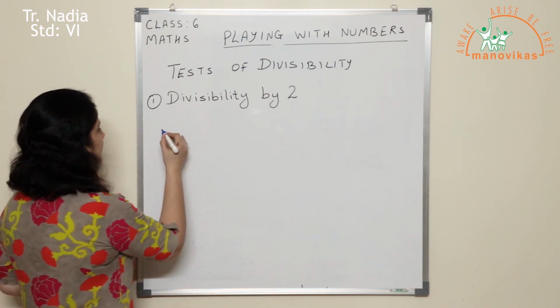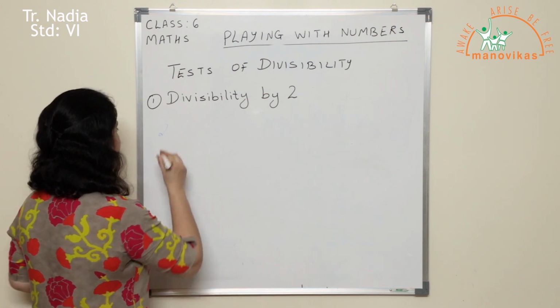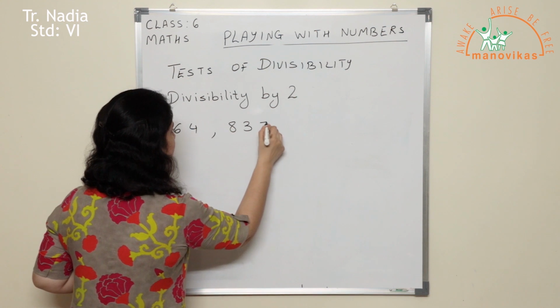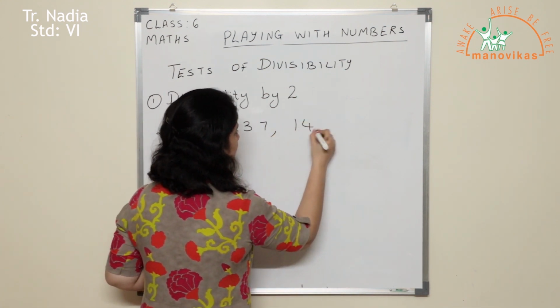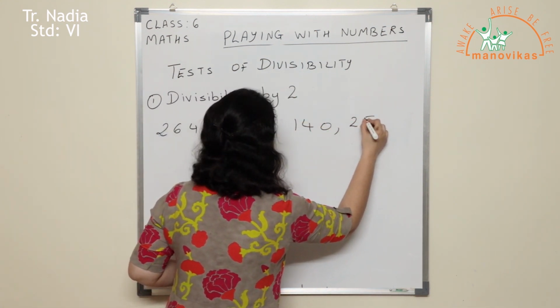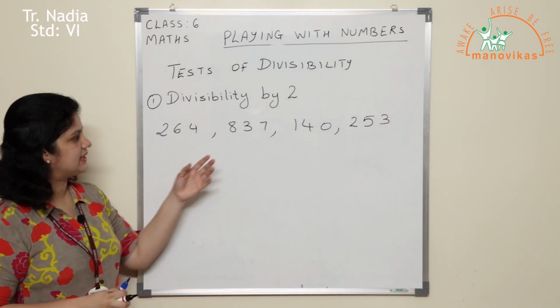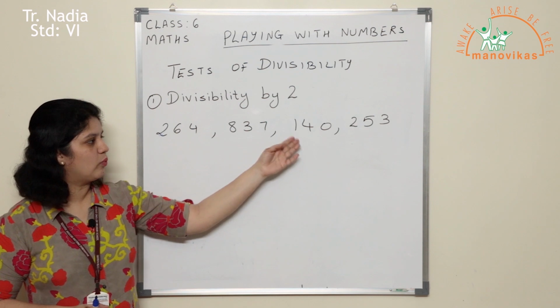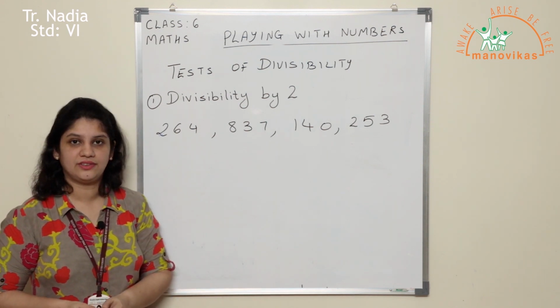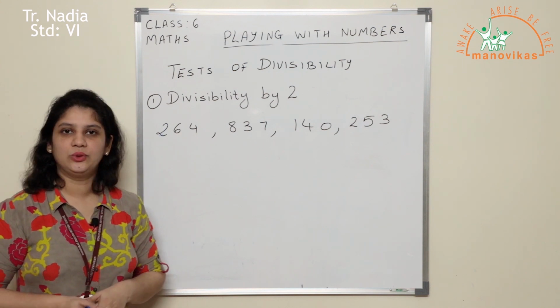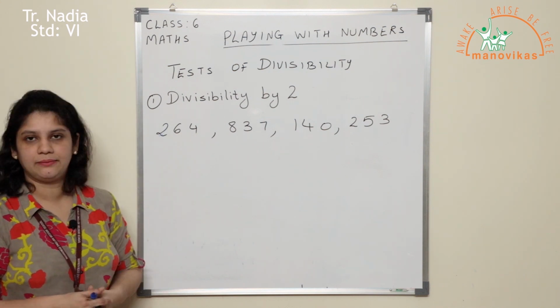So let us write a few numbers here. Okay, I have few numbers written over here: 264, 837, 140, 253. Now, how do you verify which numbers can be divided by 2 and which cannot be divided by 2?